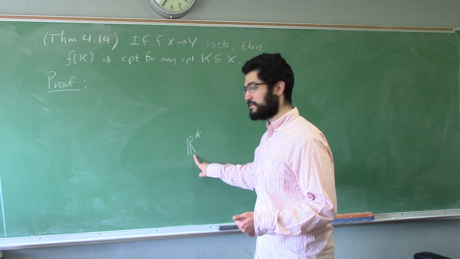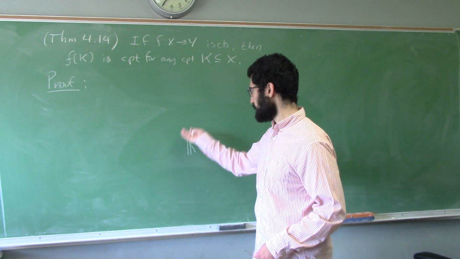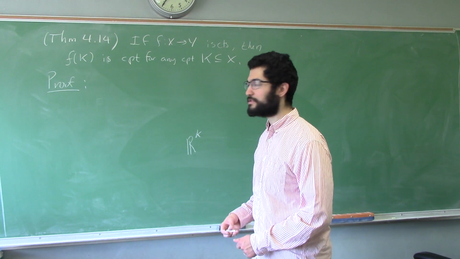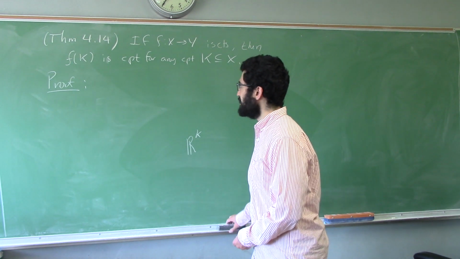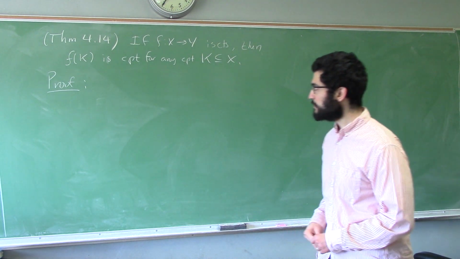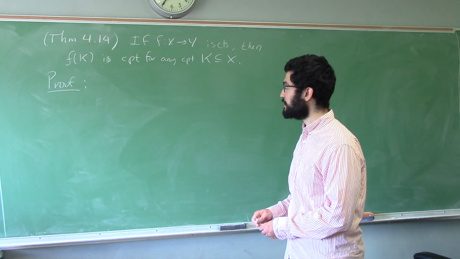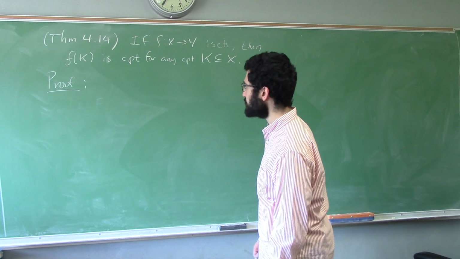In that context, it was relatively easy to prove because we had the Heine-Borel theorem. But we have not proven that sequential and topological compactness are equivalent in general metric spaces. So that result is not available to us. Therefore, we have to use topological compactness and make sure that this result that we had for R still works for general metric spaces.